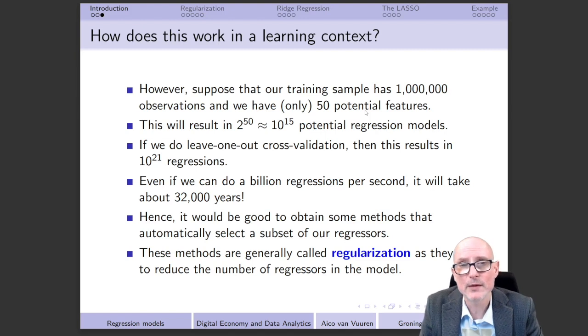That implies that, more in particular, if I have 50 different features, then I can run 2 to the power 50 different potential regressions, and that will give me more or less 10 to the power 15 potential regression models.